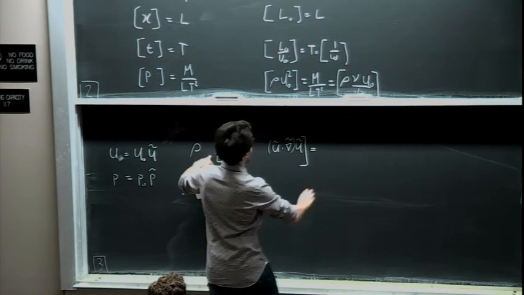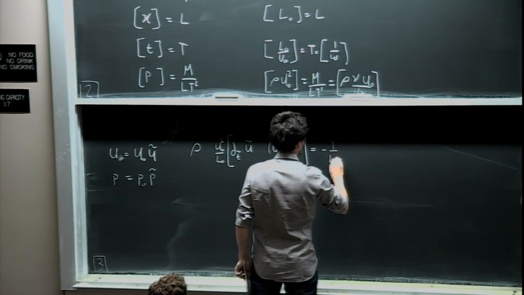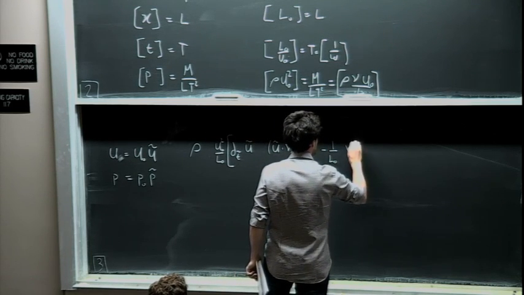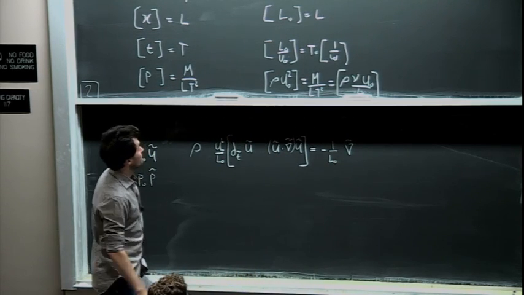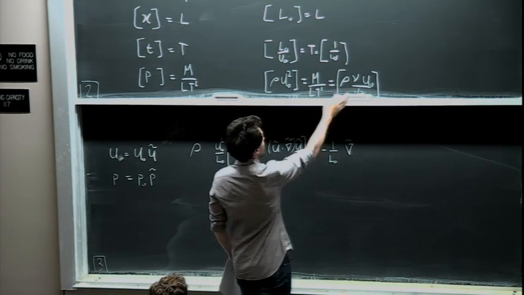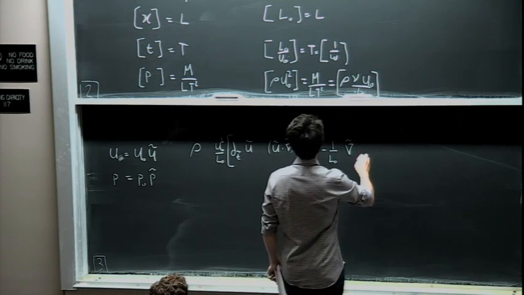Then over here we have a minus, and then we have a 1 over L naught. That's the rescaling of the derivative, and then we can choose one of these two. In fact, we'll maybe try to choose them both.